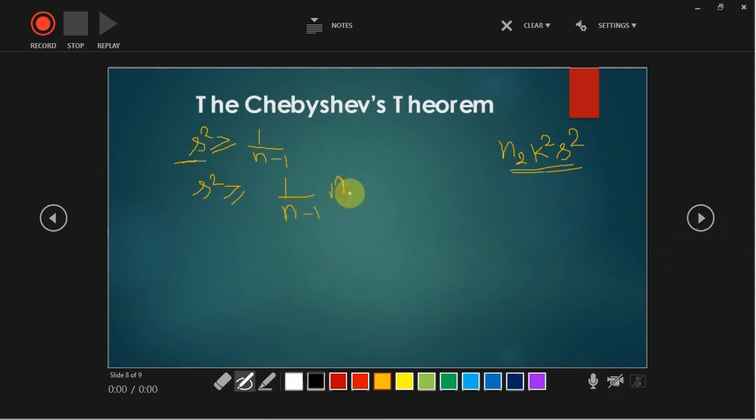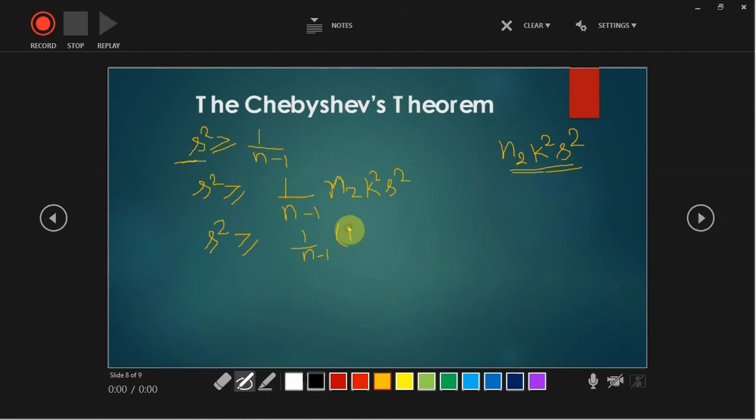n2 k square s square. Now this is s squared is greater than or equal to 1 over n minus 1. So we do another mathematical trick here.